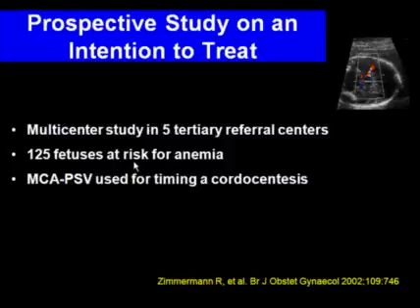In this study, we did not do a cordocentesis in 90 fetuses. We performed 35 cordocentesis, some were unnecessary, and we missed 2 cases of anemia. However, the interval between the last exam and the delivery was greater than 3 weeks.